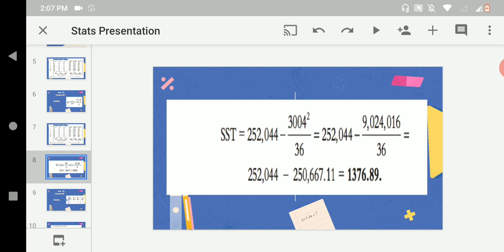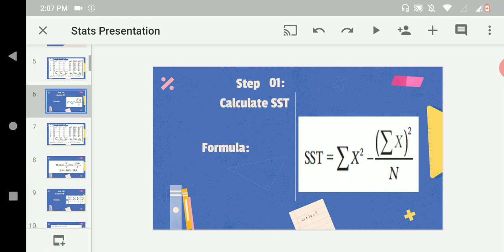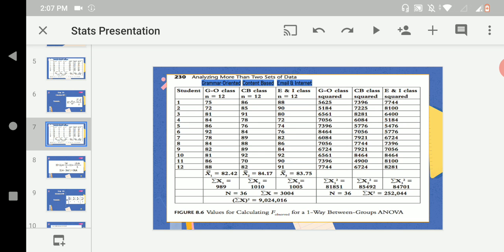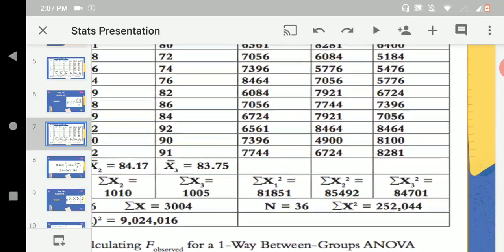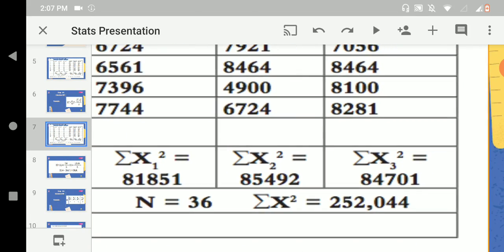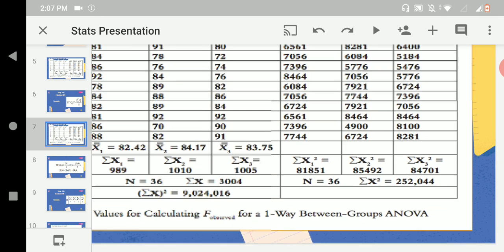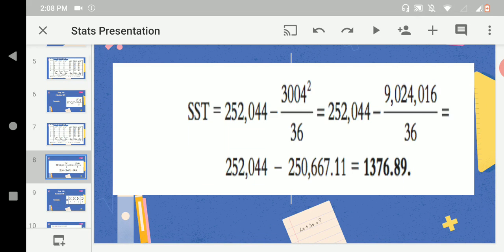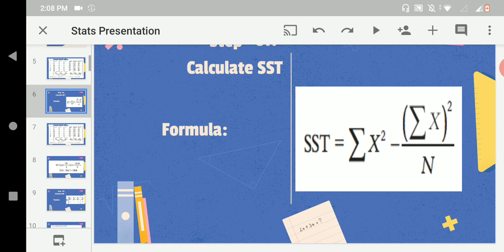SST is equal to 252,044. So if we go back to the formula, we have the summation of x squared, and we look at the data. The summation of x squared is 252,044, this one, beside N equals 36. And then we substitute the summation of x.